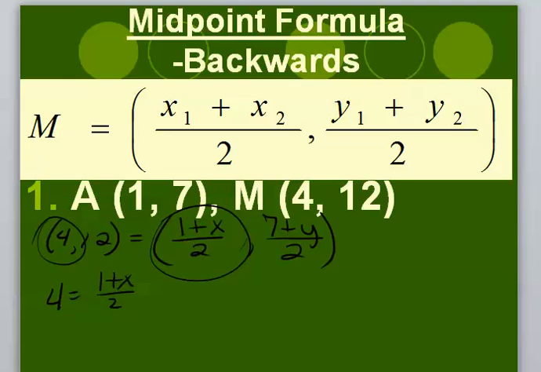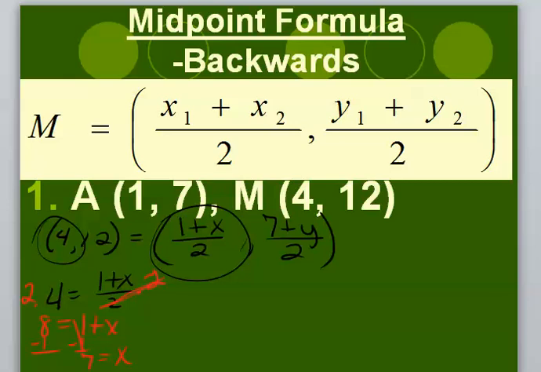Anytime I'm dividing by something, I can undo it by multiplying by that number. So we're going to multiply by 2. But if I multiply by 2 on the right, I also need to multiply by 2 on the left. So we get that 8 equals, these always cancel. It will not affect the top, so we still have 1 plus x. And to solve for x, we're going to subtract 1, so x is 7.